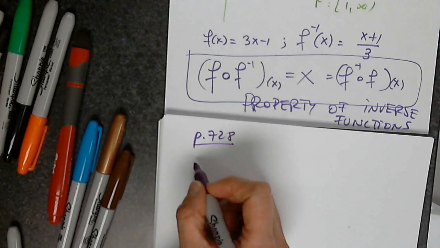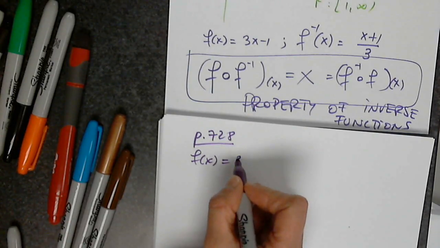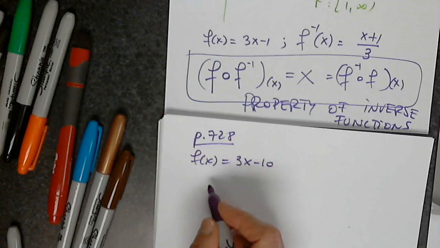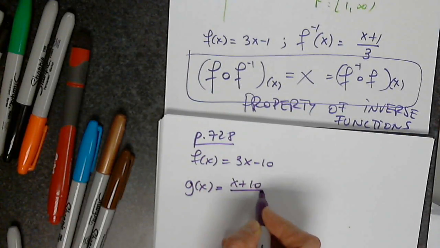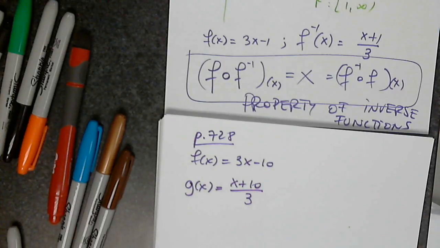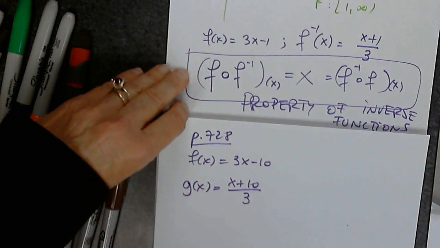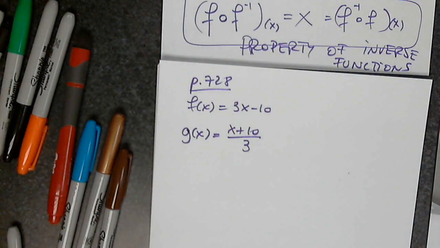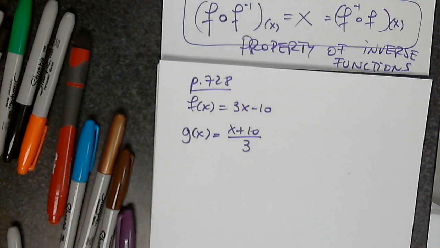We are given f of x, which is 3x minus 10, and g of x, which is (x plus 10) divided by 3. The question is, are they inverses of each other? And if they are, I would like to graph them on the same coordinate system. Are they inverses of each other?